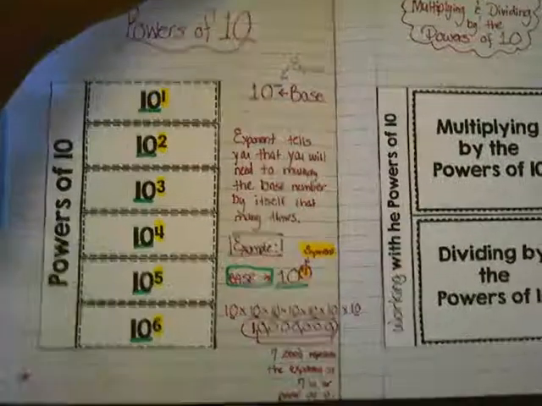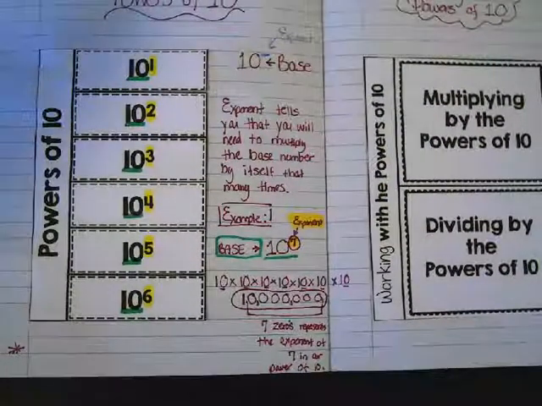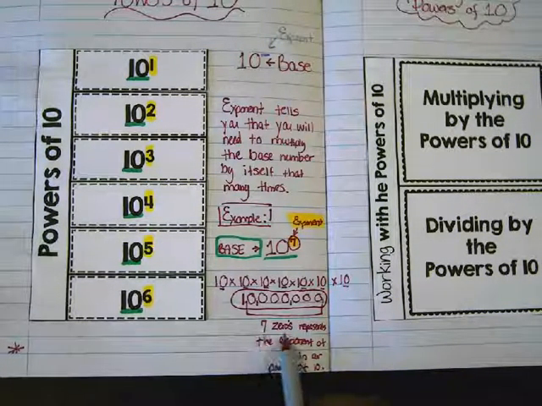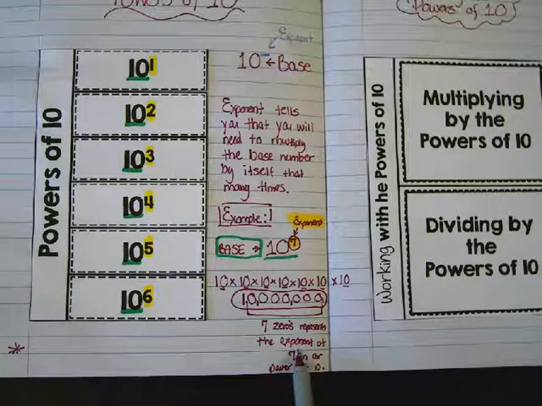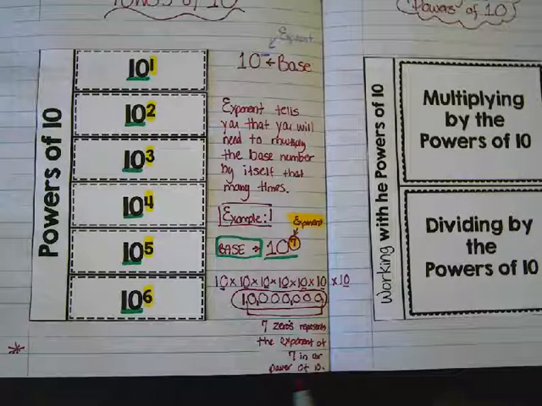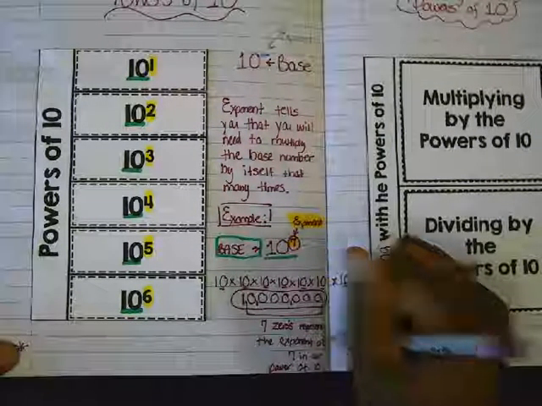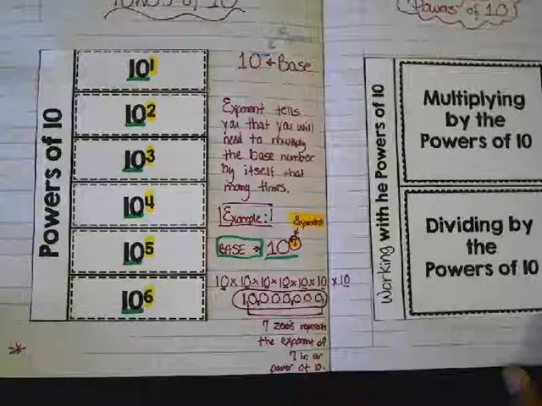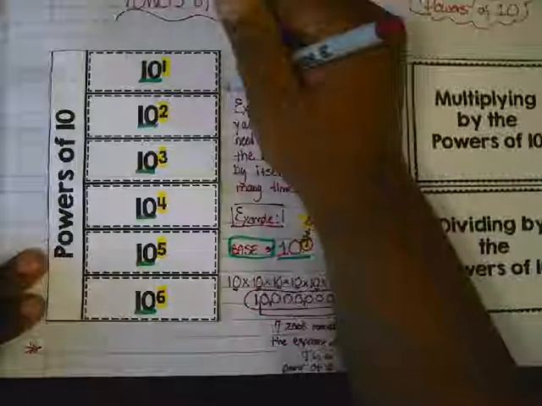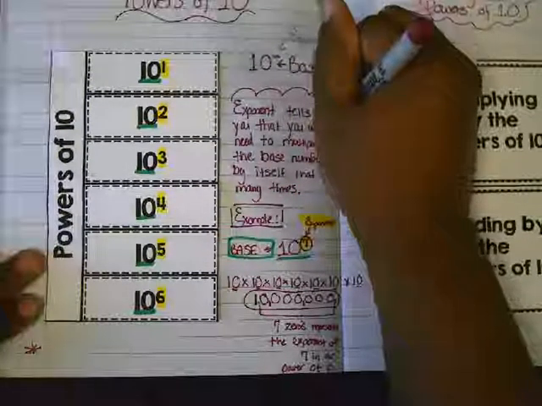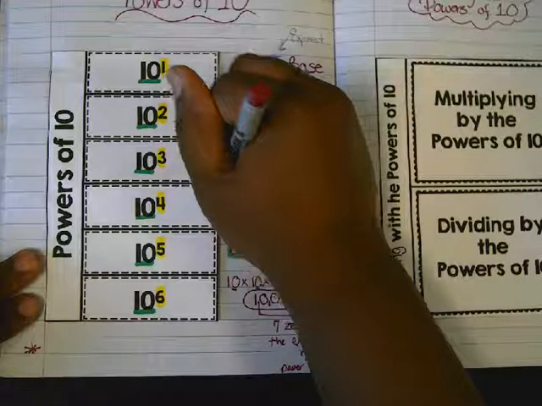Let me fix that for you. So all I wrote was the 7 zeros represent the exponent of 7 in our power of 10. That's all I wrote. Now I'm going to make that note so you guys can remember. Let's go ahead and put a little cloud around it. This is the statement by itself.